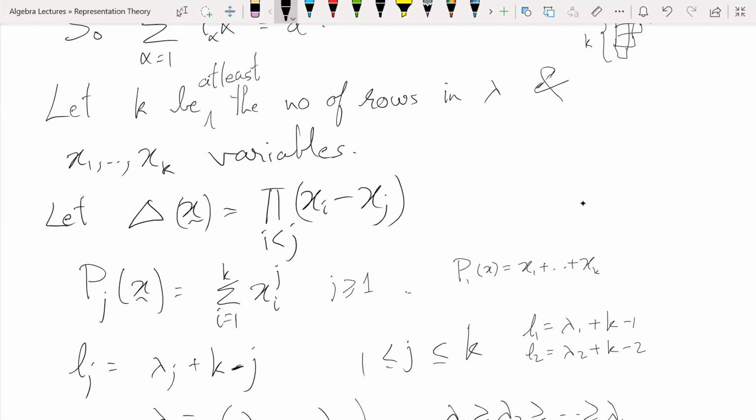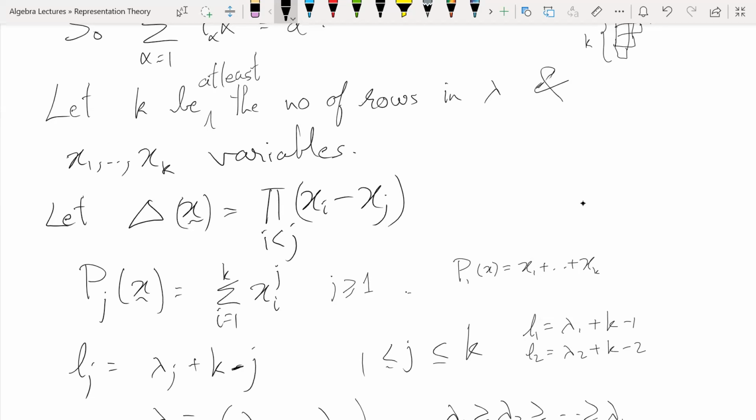As you can see, the Li's are decreasing numbers, and this is for j between 1 and k.